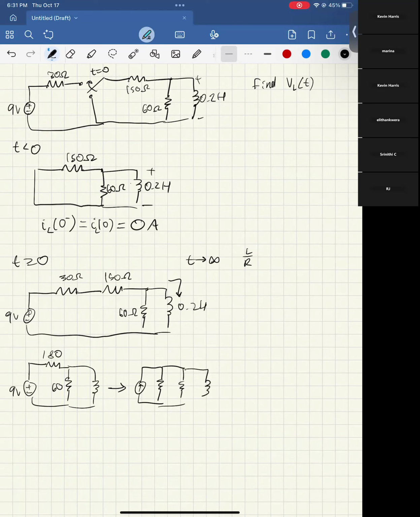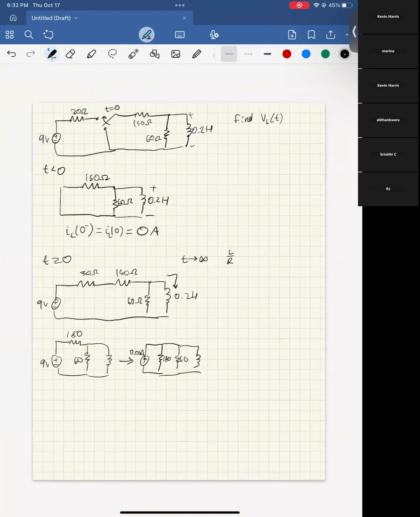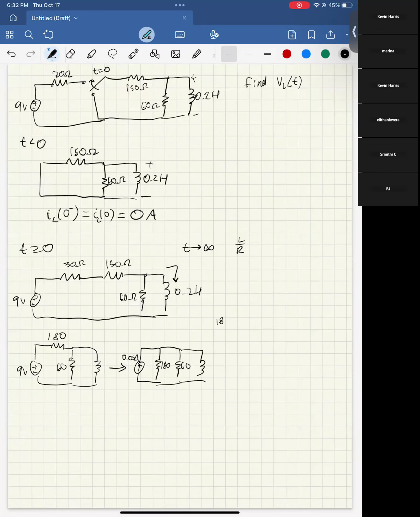This will stay a 60 and this will stay a 180 because they have not changed. And the current will now be 9 over 180, which is 0.05 amps. And then there's 180 in parallel with 60, so that's going to be 180 times 60 over 180 plus 60. Trust me on this math, it is going to be 45 ohms.